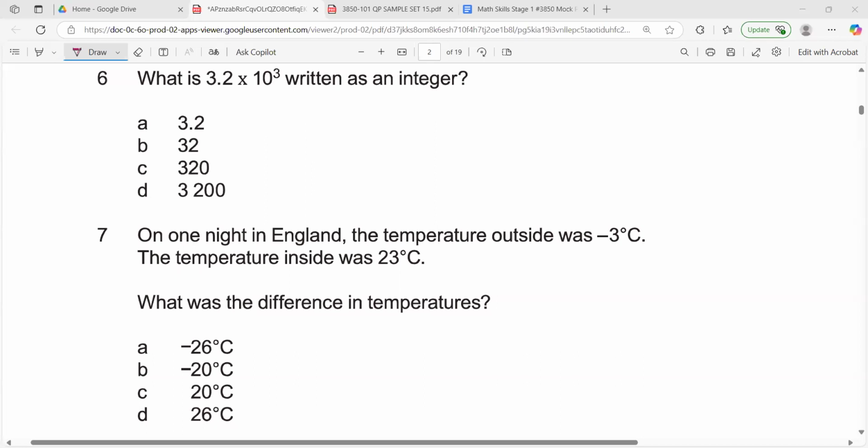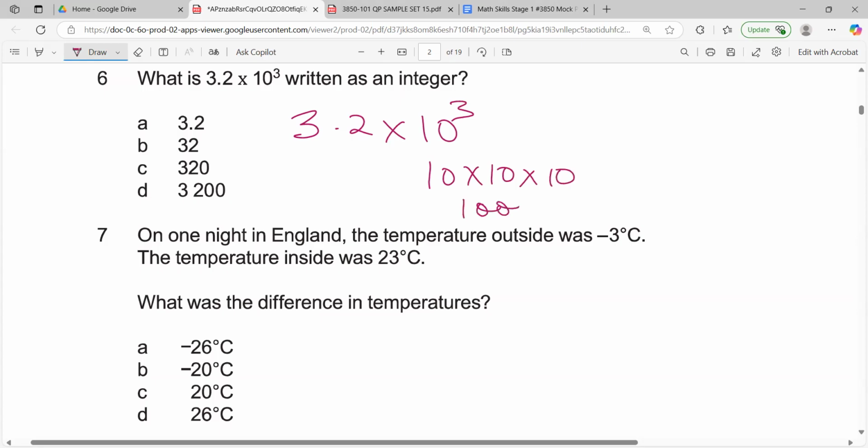So what is 3.2 times 10 to the third power, right? 10 to the third power is 10 times 10 times 10. So this is 1,000. And we move the decimal point based on the number of zeros. So it means we have to move 3 places. So we can just add on 2 numbers. So we have space 1, 2, 3. So that would have been B.